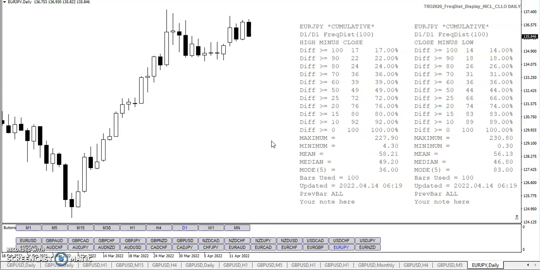If you look here, you can see 15 gives you basically 8 out of 10, or 4 out of 5 times, but at 20, you're back to 7 out of 10. So probably I would say the rat zone for the euro yen at 15 looks about right.